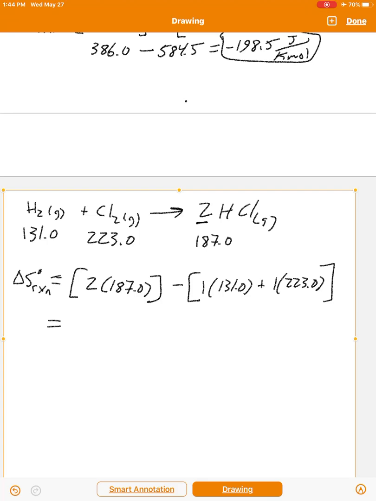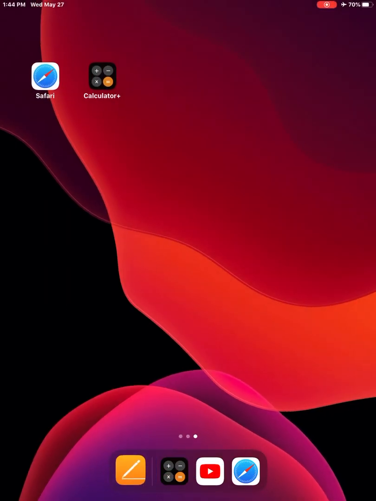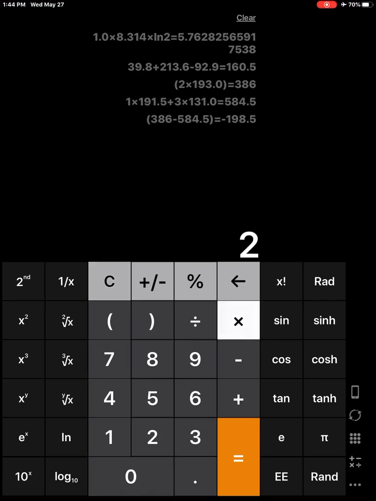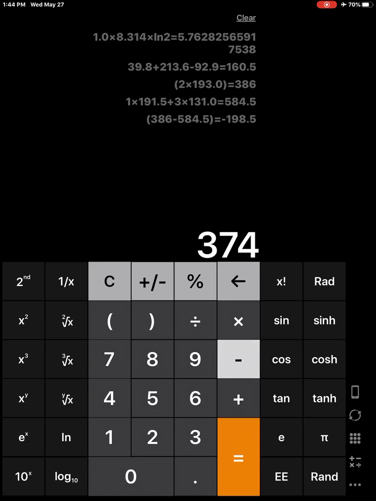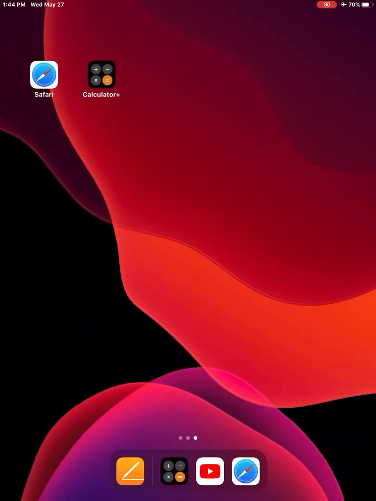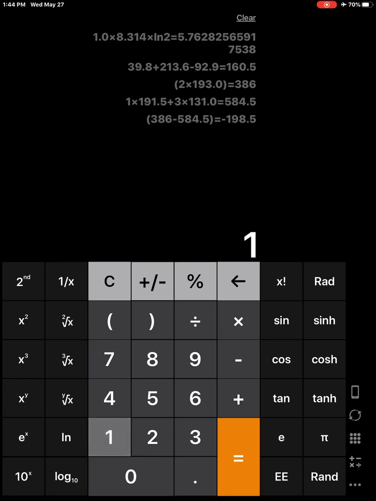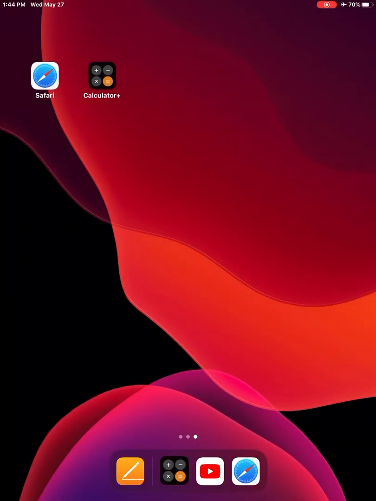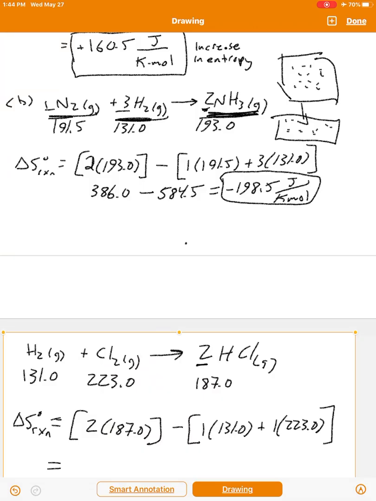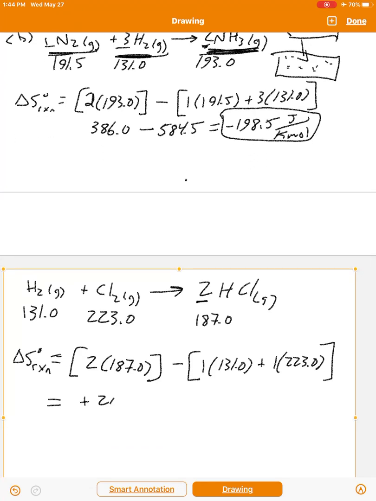So 2 times 187, minus, now let me put this in parentheses, 131 and 223. End of parentheses. Looks like it's just 20. Positive 20. Not very big, right?